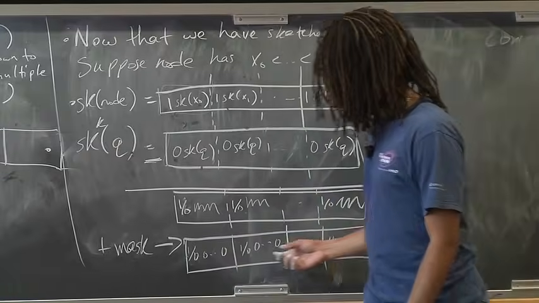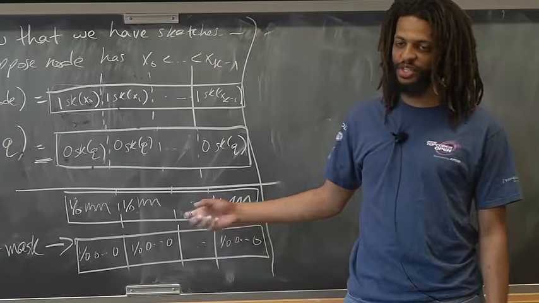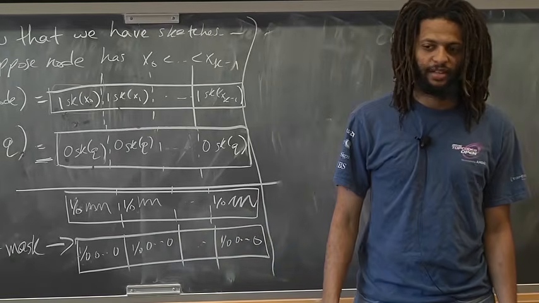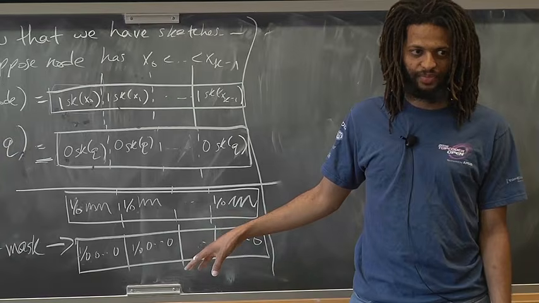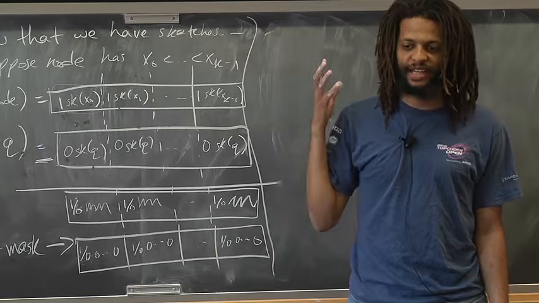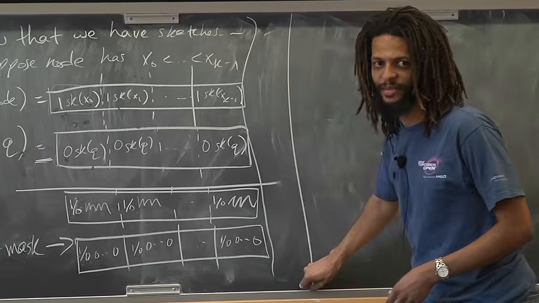So the point is that this is monotone. Finding the position of the first one, and there are k of them, is the same thing as counting the number of ones. If we know how many ones there are, that tells us where the first one is. And how are we going to count the number of ones? We're going to multiply.